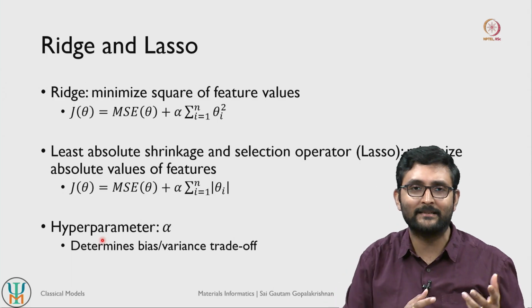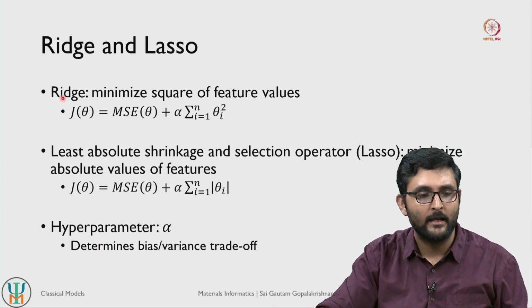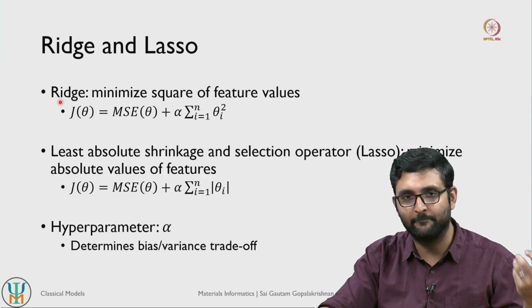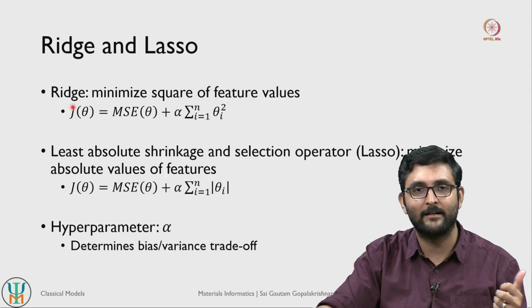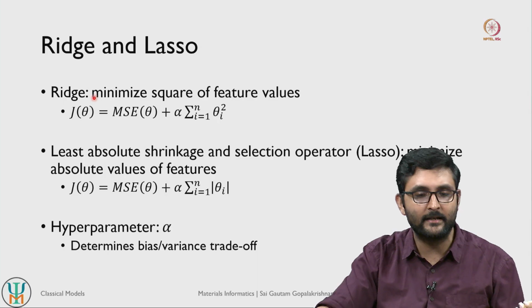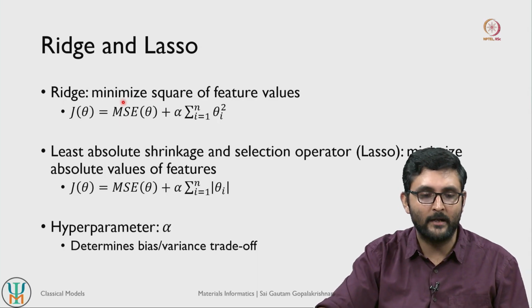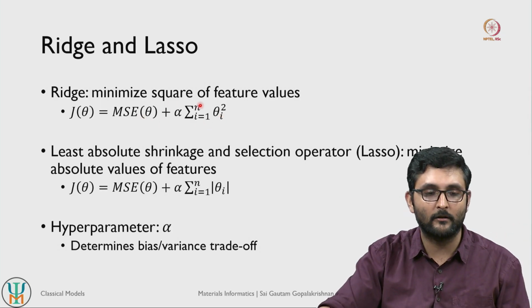Okay, so let us understand these penalty based regularization options that we have, right. The first type of penalty is what is referred to as ridge based penalty, or commonly referred to as ridge regression also. So in ridge regression you minimize not just the mean squared error of your model, but you also minimize the square of the feature values themselves.